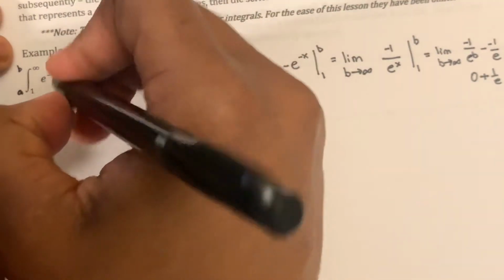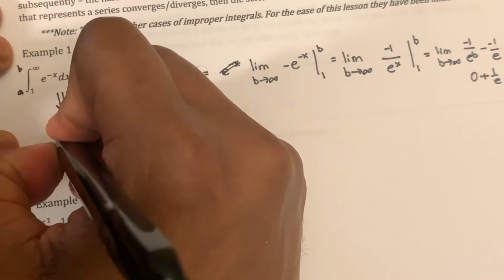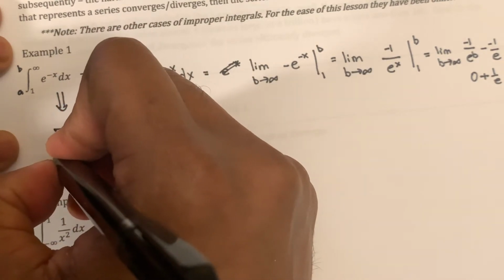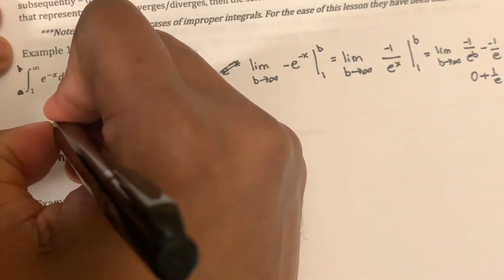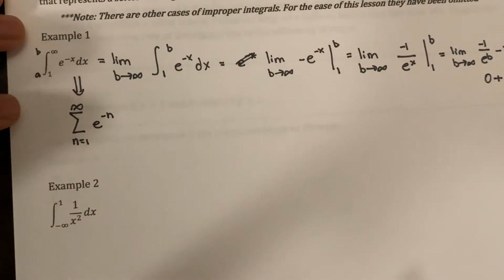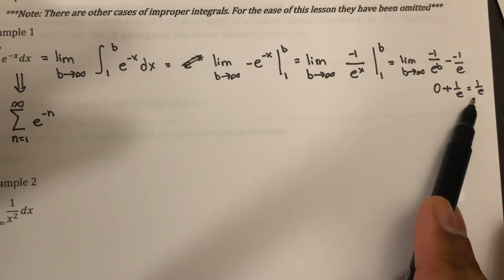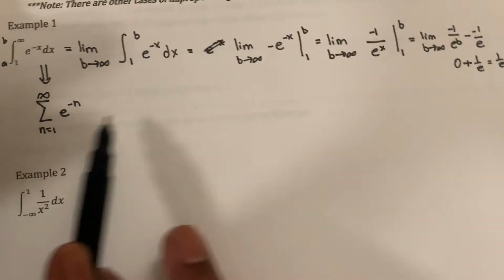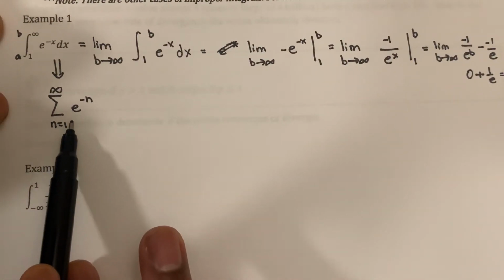What that would mean is, say we had the series from n equals 1 to infinity of e to the negative n. Then because this integral is convergent, so is this series.